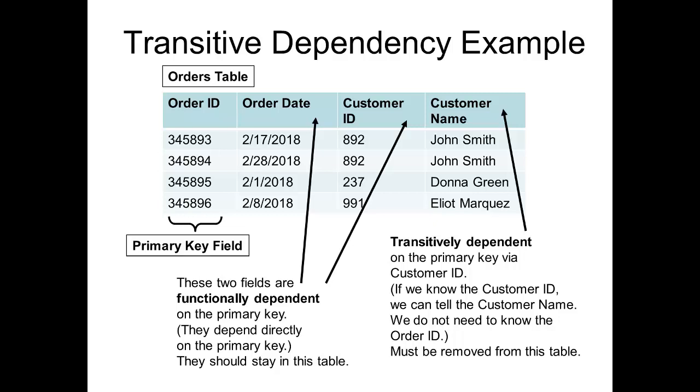That means as long as we know the customer ID value, we don't need to know the order ID value to be able to know the customer name. Just by using customer ID, we can identify the customer name value. That means the customer name column is transitively dependent on the order ID column, and this is a transitive dependency and needs to be resolved through normalization.